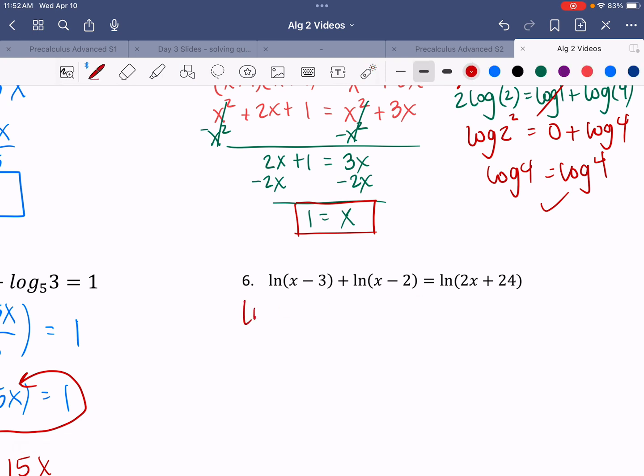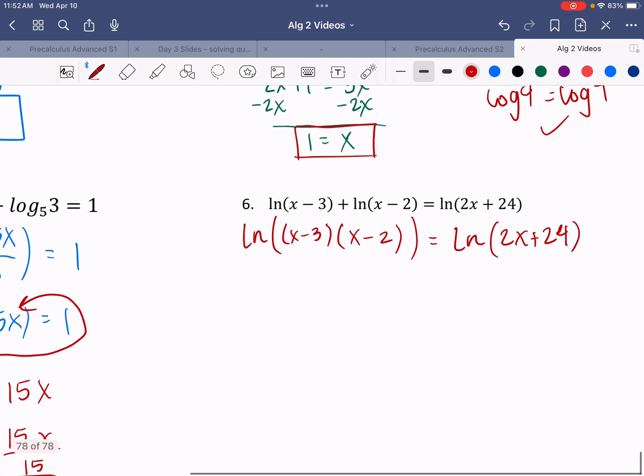So I can combine this into a single log by doing x minus 3 times x minus 2, bring down the right side. And I really can now. I don't need the natural log any longer because I know that it's one single log on each side. If you want to multiply it out first and then drop your natural logs, that's fine.